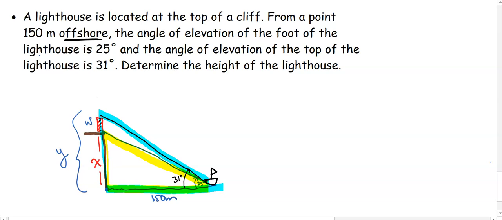So the height of the lighthouse is just going to be the entire length minus the length of the height of the cliff. All right, so just drawing your diagram properly helps us. I know that angle in there is 6 degrees, but it doesn't help me because the 6 degrees is not part of a right triangle. I can't use SOHCAHTOA. Okay.